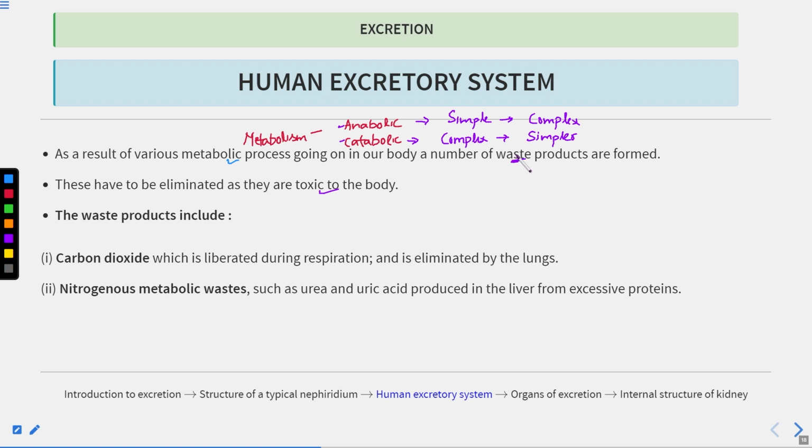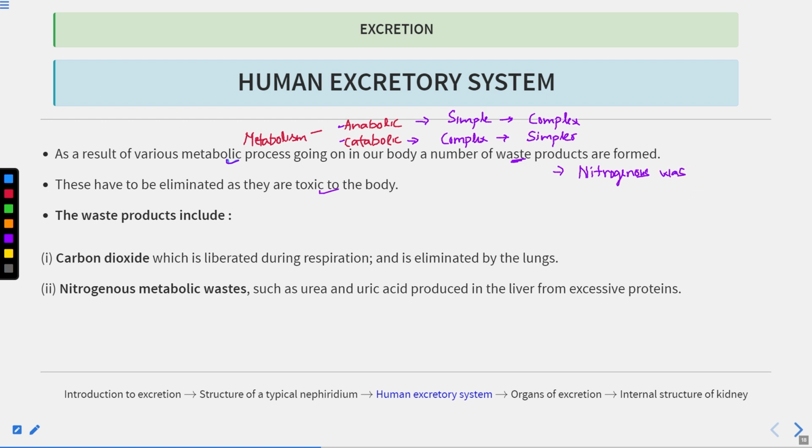We have already discussed in the previous lecture that this waste can be nitrogenous waste or other waste. These wastes are produced as a byproduct of the metabolic processes.